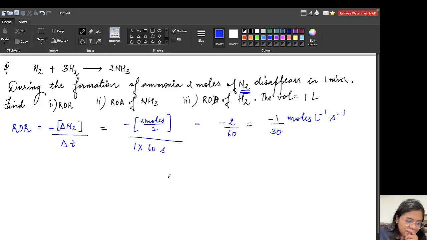So the rate of reaction has come out to be... in 1 minute, this one will become minus of minus 2 moles, right?